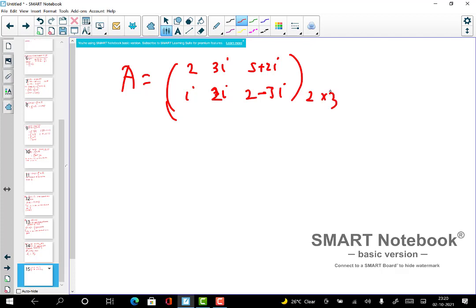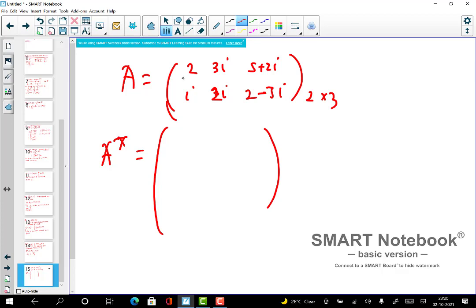The adjoint will be a 3 cross 2 matrix. The first row becomes the first column. First you take the transpose, and now the conjugate.